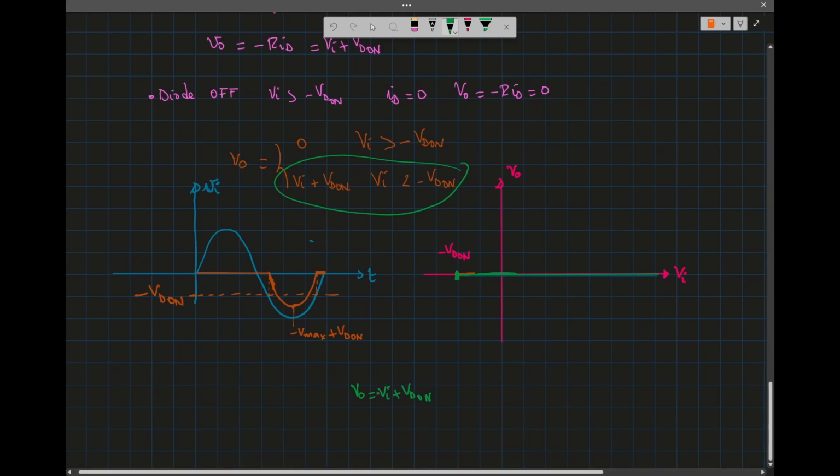So the slope is 1, right? That's mx plus b, so b is V_D(on). So I'll have V_D(on) here. So the graph will have a slope 1.